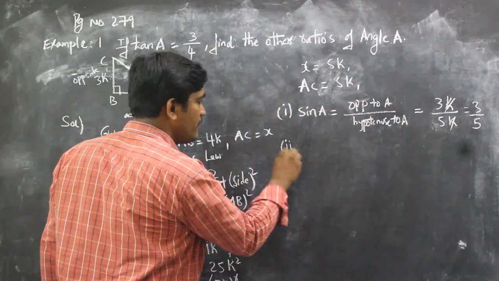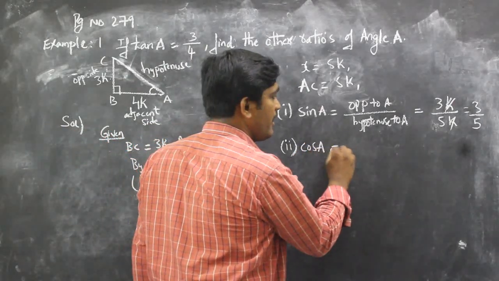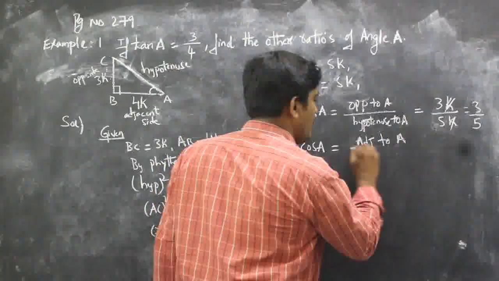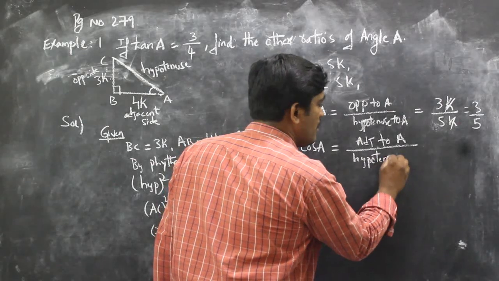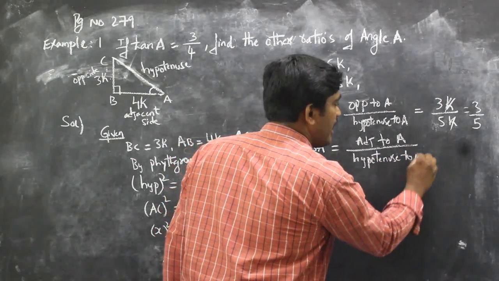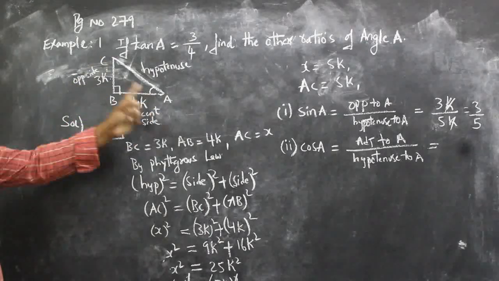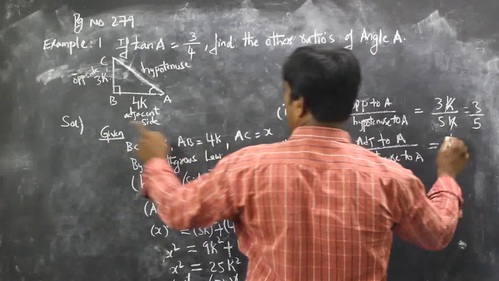Now we'll go for the second. What is the second one? Cos A. What is the cos A? Adjacent to A by hypotenuse to A. Now, what is adjacent to A? Adjacent to A is nothing but AB. What is the AB value?